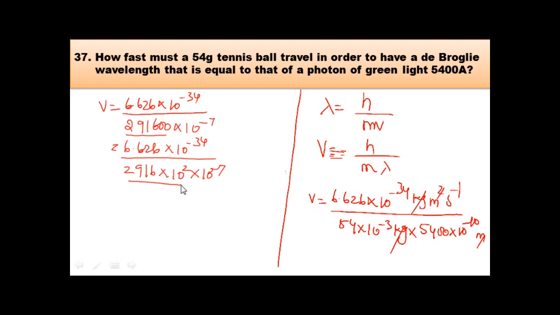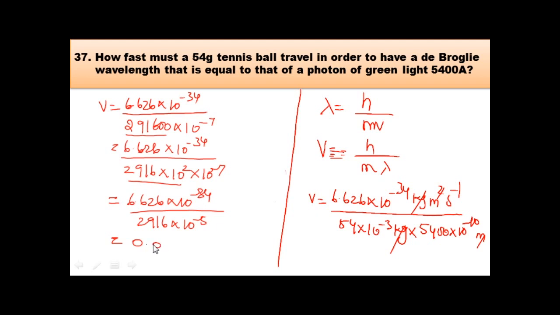So 2,91,600 is converted into 2916 into 10 power 2. So 6.626 into 10 power minus 34 divided by 2916 into 10 power minus 5.